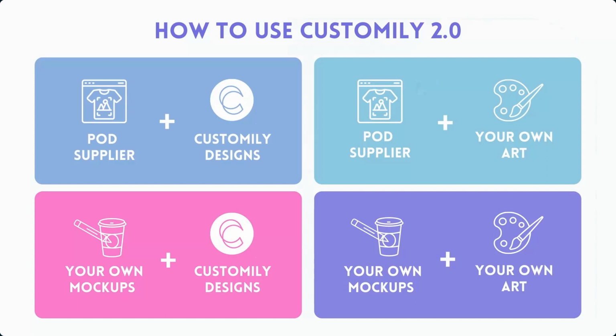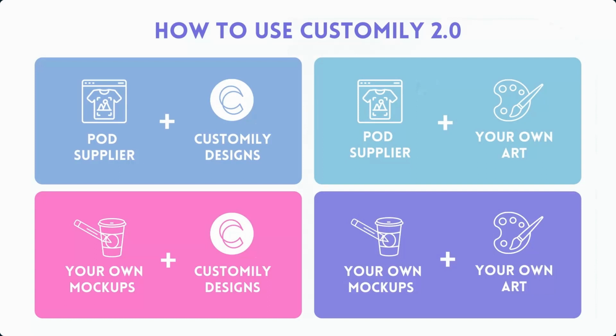Now, on the other hand, if you have your own products and are not interested in working with a print-on-demand provider, the way to go is to start by populating your product-based library first. Imagine you have your own workshop and you just open your store and you want to create products, and those products you want them to have all the Customily features and the connections, and just make things simpler in a few clicks.